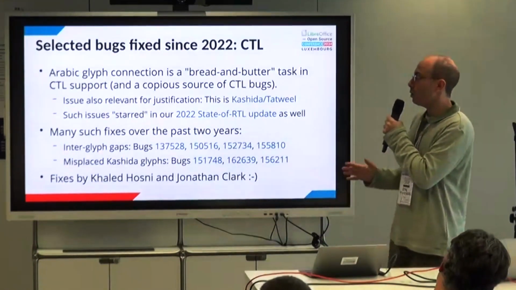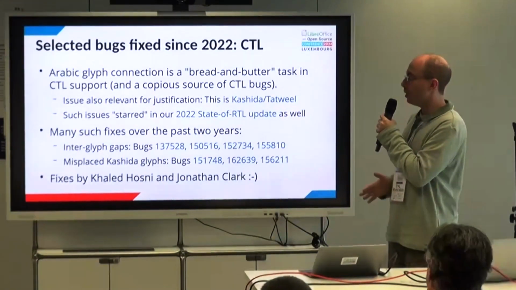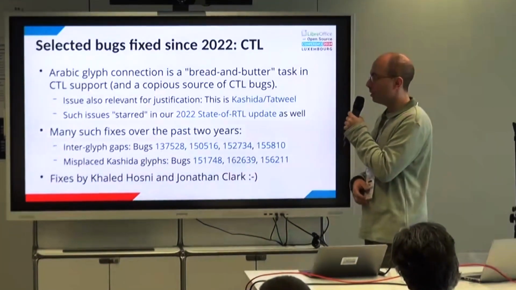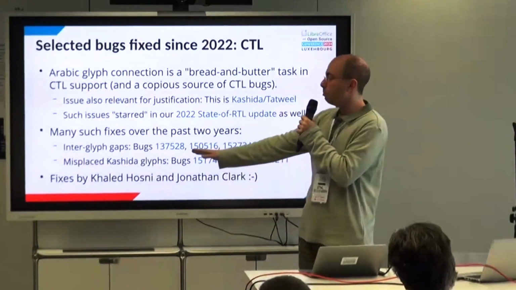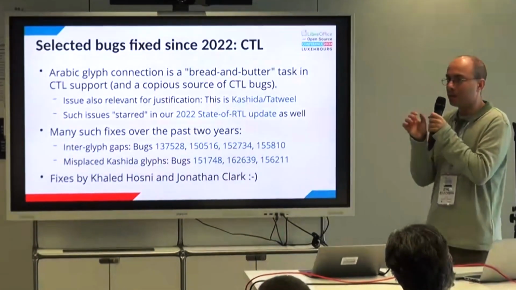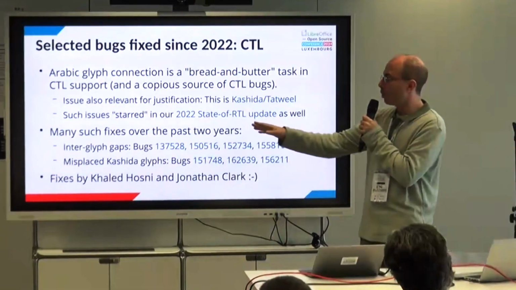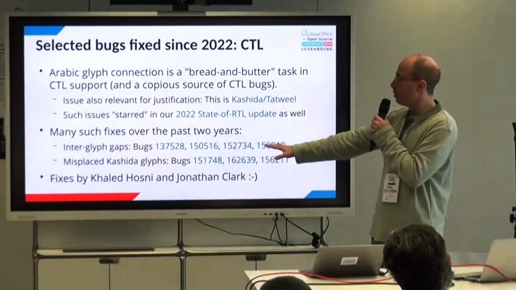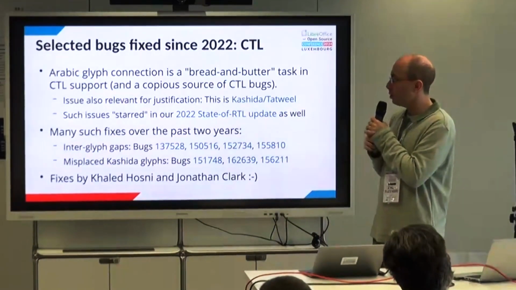So there's another slew of fixes of bugs related to misconnected glyphs. Either they were misplaced or they were placed in the right spot but not perfectly aligned, so there were small gaps. And this is not one fix. These are different fixes for these different issues.